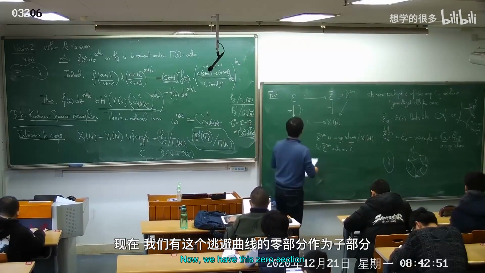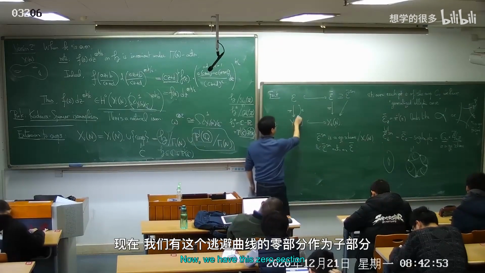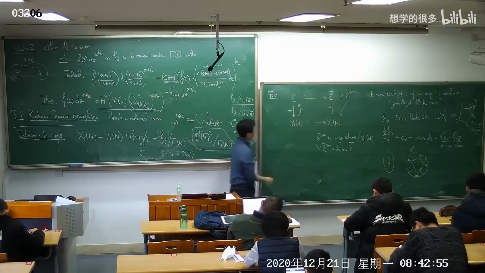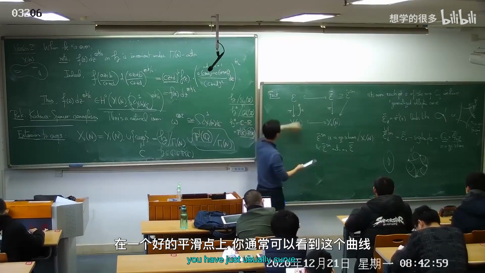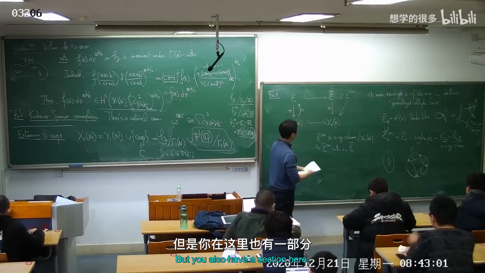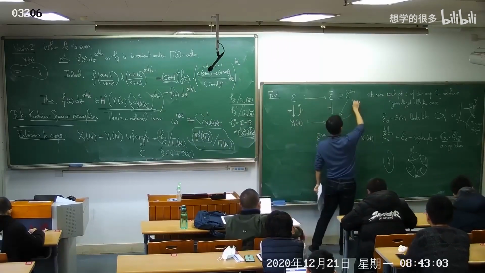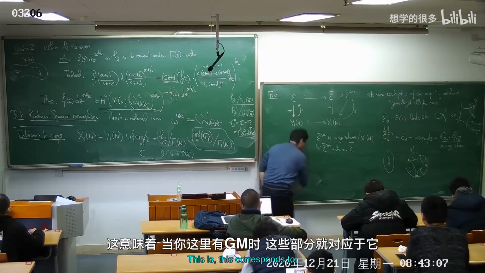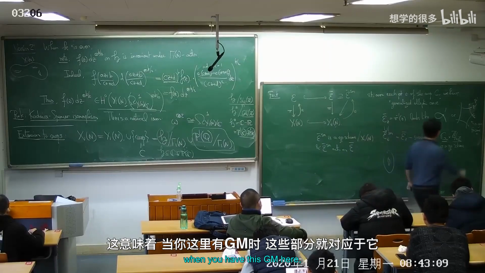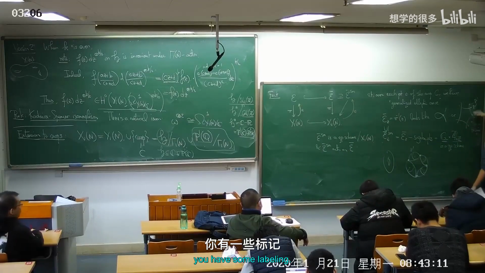Now we have this zero section of the elliptic curve as so. At the good points, at the smooth points, you usually have just the curve. But you also have a section here. This corresponds to when you have this Gm here. These components here, you have some labeling.